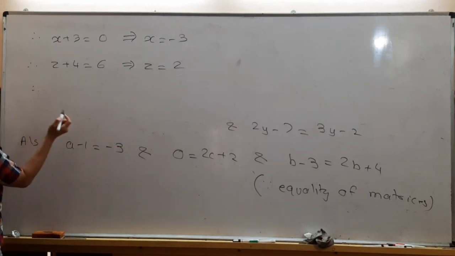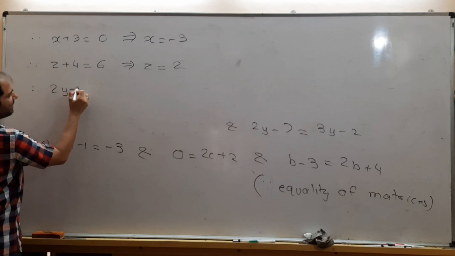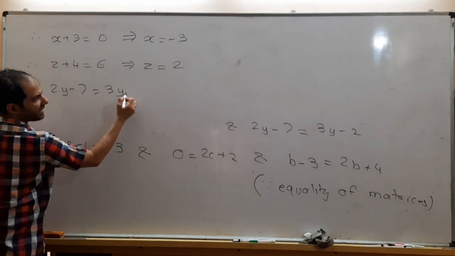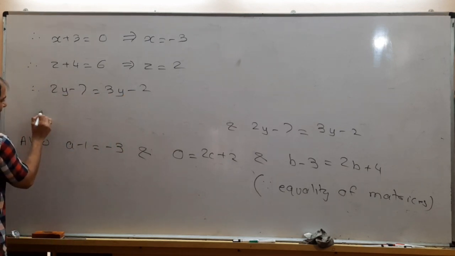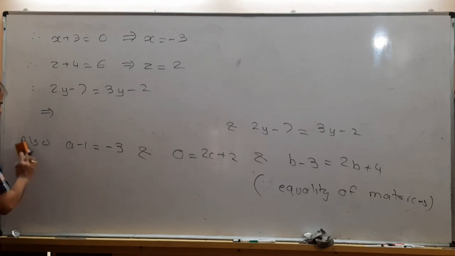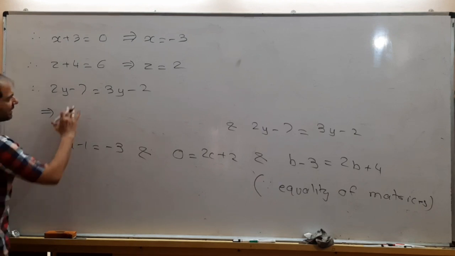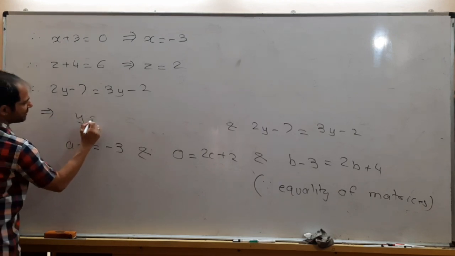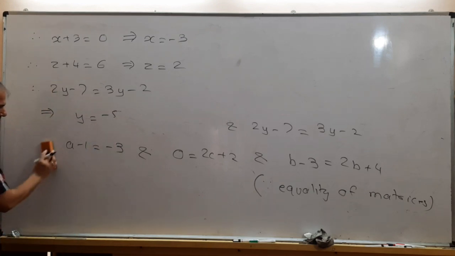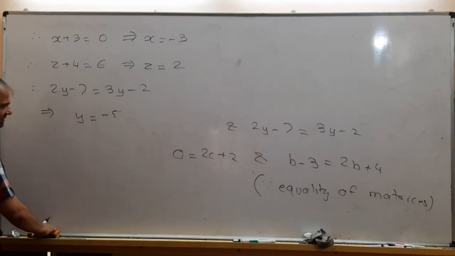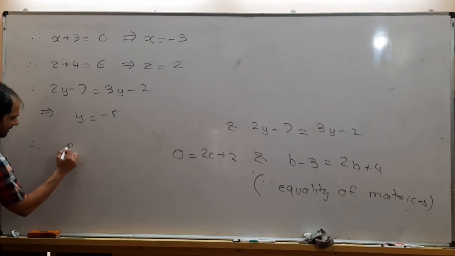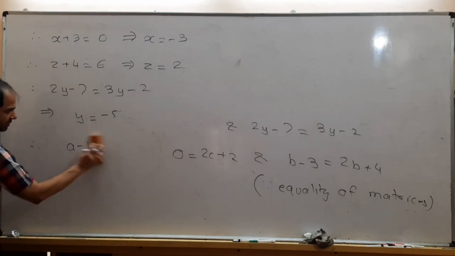Now let us go with y. 2y minus 7 is equal to 3y minus 2. That implies 2y, 3y minus 5. So y is equal to minus 5.